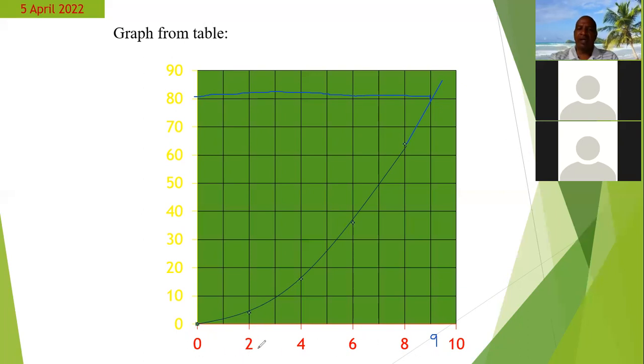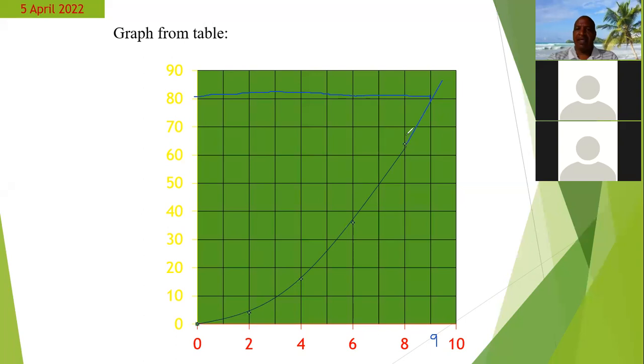When you square 0, you get 0, you square 2, you get 4, you square 4, you get 16, you square 6, you get 36, square 8, you get 64. So if you square 9, you should get 81. So you could actually use a curve to determine the value of 9.